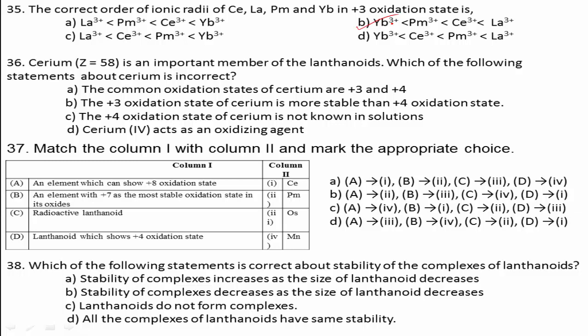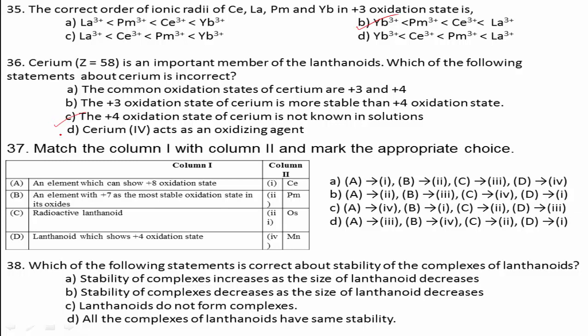All others, A, B and D, are correct statements, but C is the incorrect statement because it shows both +3 and +4 oxidation states in aqueous solutions, whereas they have given that the +4 oxidation state of cerium is not known in solutions. Therefore, this is the wrong statement.